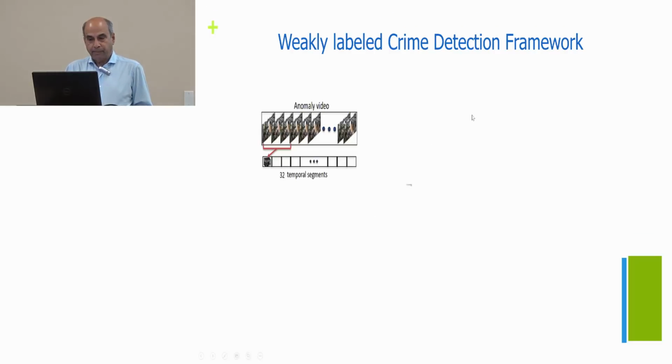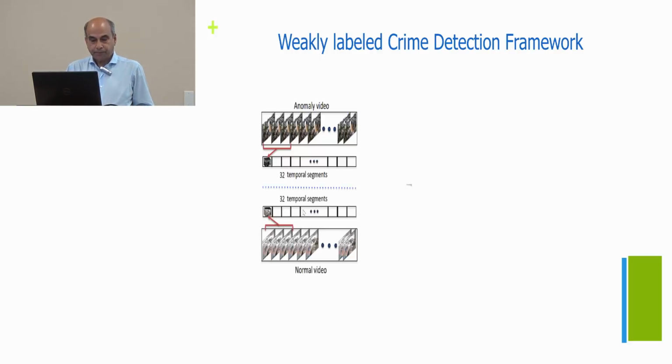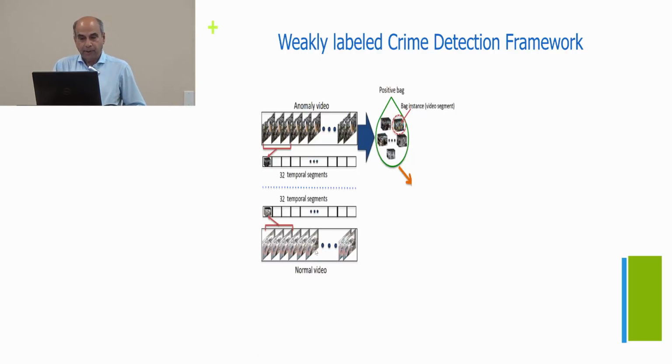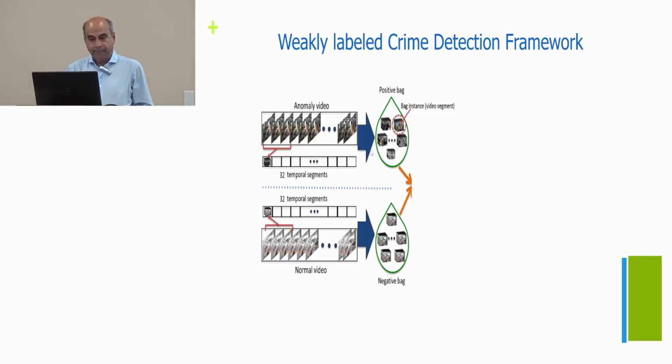So the process is we take a video and divide it into clips, 32 temporal segments, and we have an anomaly video and a normal video like this, the same process. This becomes a positive bag and this becomes a negative bag, as I explained.